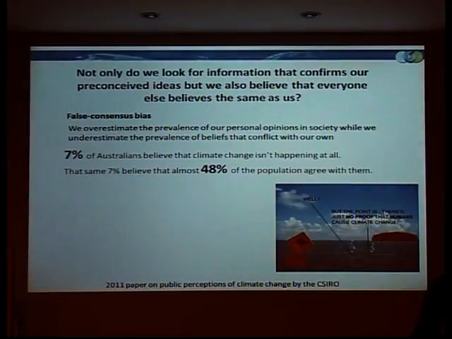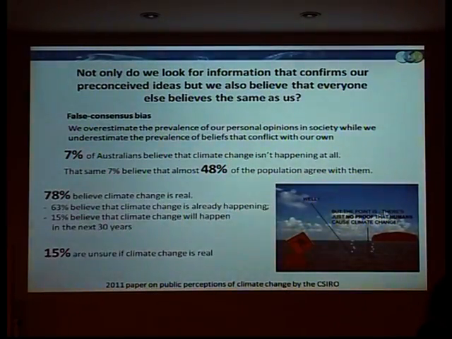For instance, there was a climate change survey done in Australia, and it showed that 7% of Australians believe that climate change isn't happening. That same 7% of people believe that 48% of people think the same as them. So this is an example of false consensus bias. In fact, 78% of people believe that climate change is real, and 63%, this is Australian data of course, think that it's already happening.